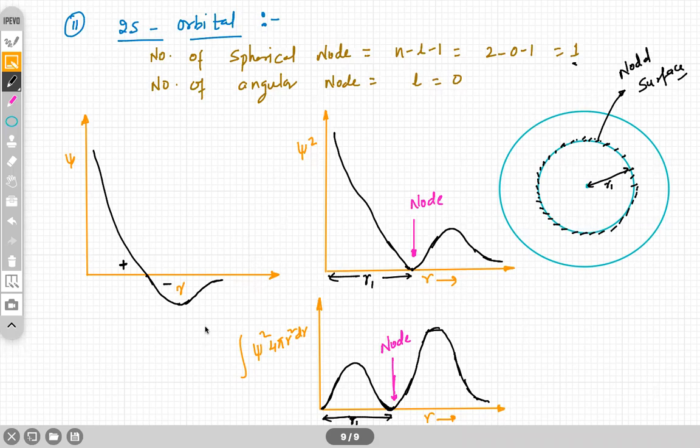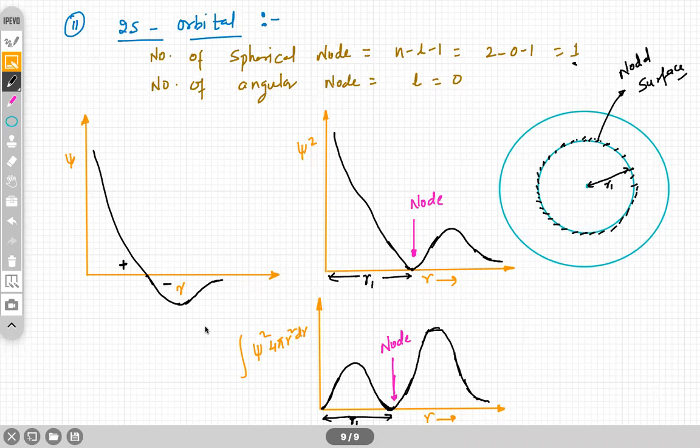Sir? Yes. So then also for the psi square 4 pi r square dr graph, shouldn't the peaks be opposite? I was telling for the third graph. If the r is less, then the max probability will be higher than when the r is more, right?